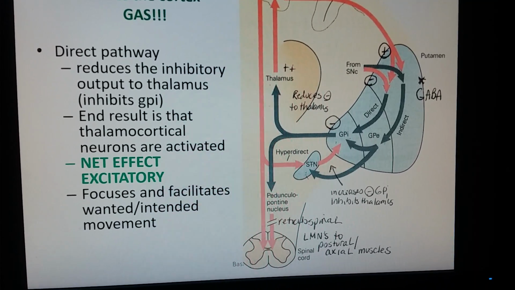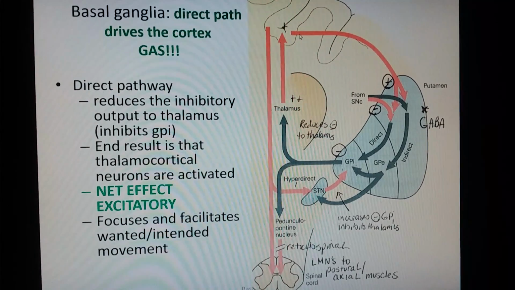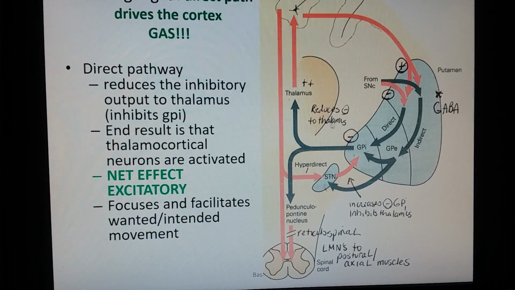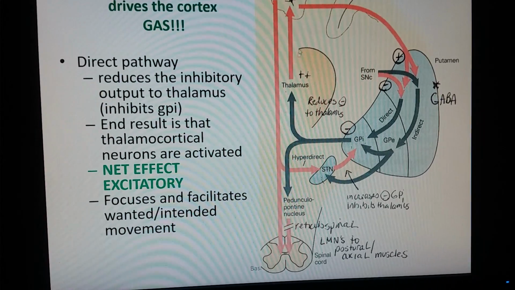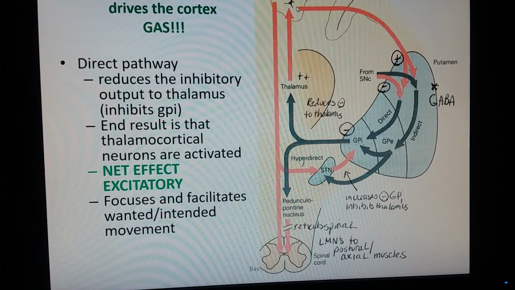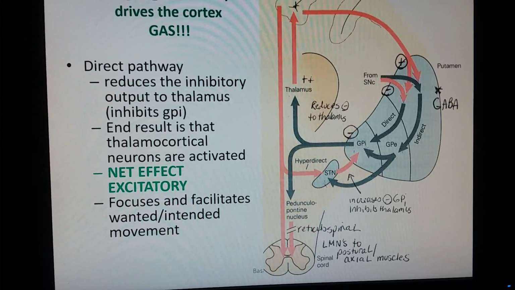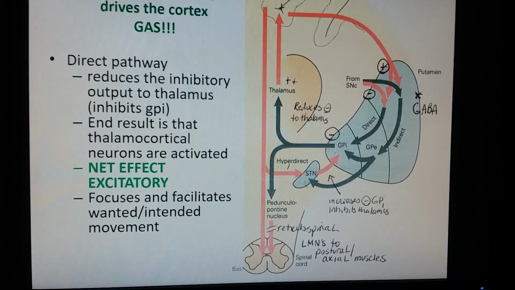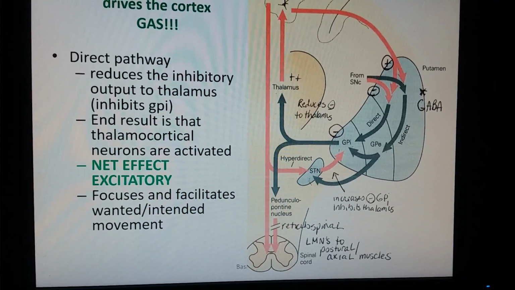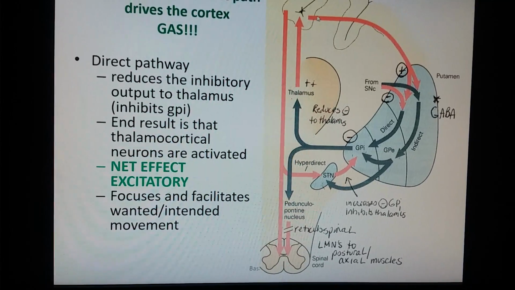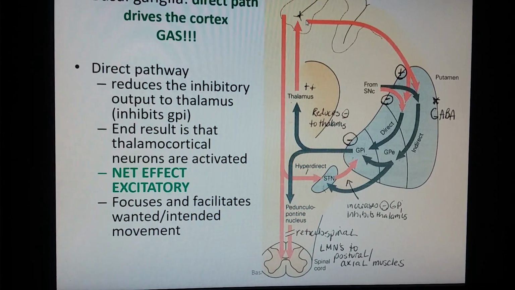So a minus and a minus makes a plus. So the net effect of information going through this direct loop is that you get more excitation out of the thalamus, which means more excitation up to the motor cortex. So in fact, you are energizing, you're helping to select or reinforce that motor information that came in. You're reinforcing it, you're energizing it.